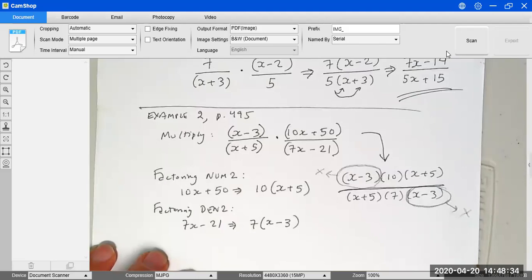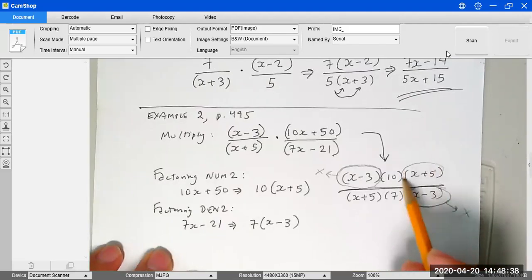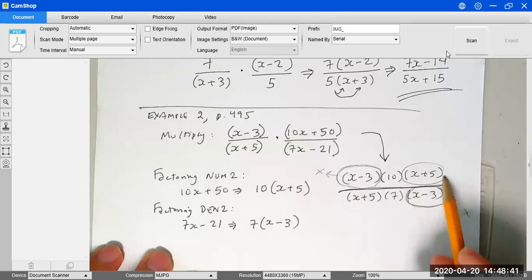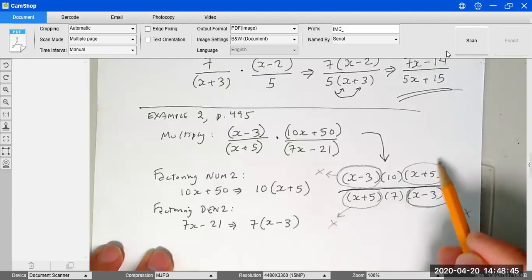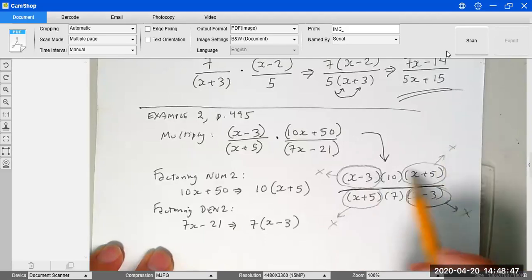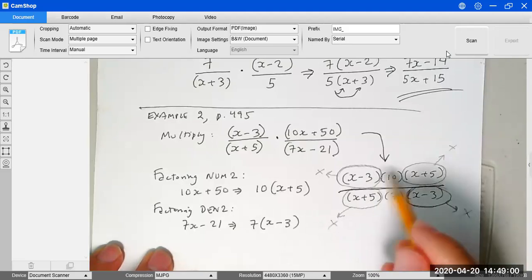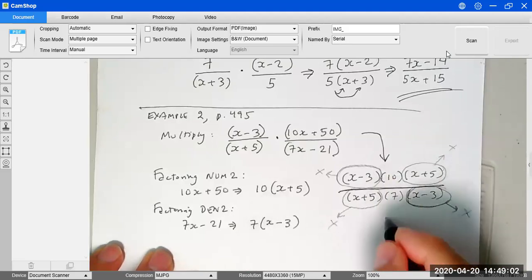Is there any other common factor? Yeah, we have x plus 5 on the top, x plus 5 on the bottom. So I need one from the top, one from the bottom. I cannot cancel two common factors if they are on the same side of the fraction. You need to have one from one side and the other from the other side of the fraction bar. So we remove everything, and we end up only with 10 over 7.